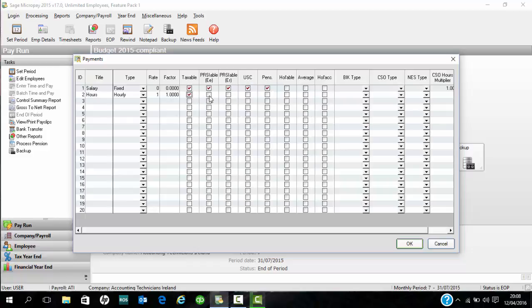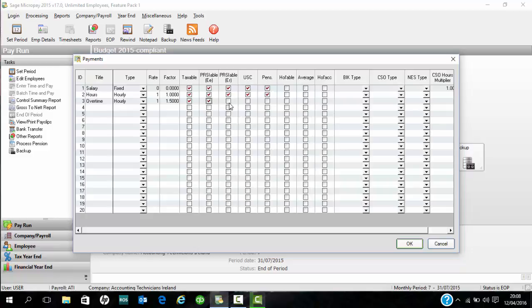So what you do is select the items that are related, whether it's taxable, PRSI, USC, usually benefits, basic pay. Now for overtime, it is done again. It's selected hourly, your rate is 1 here, so it's 1 per hour. But your factor here is based on the overtime. So for example, if you were paying time and a half, it would be 150%.